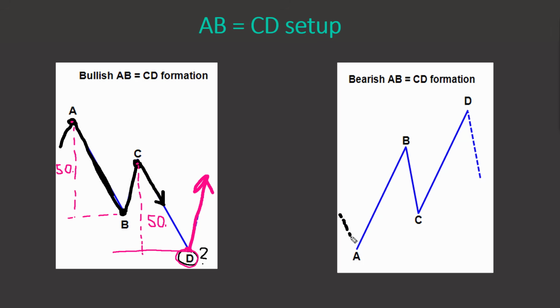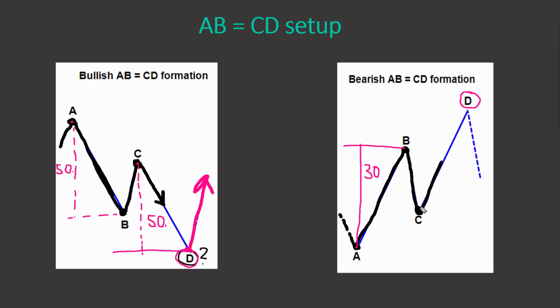So again, what you want to see is a swing point A, and then you want to see the price rise to a swing point B, then a little pullback to another swing point C, and then the price needs to start rising. At this point, you want to start looking for the D. So you measure the distance from A to B. Let's say in this case, for example, 30 pips, right? So from A to B, 30 pips.